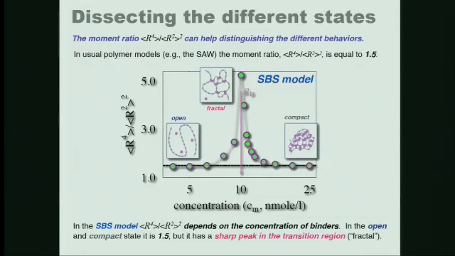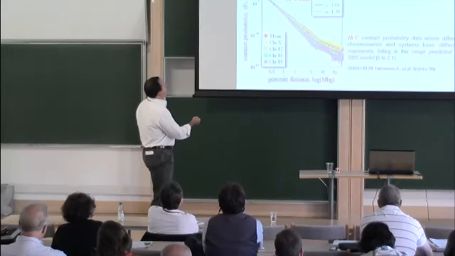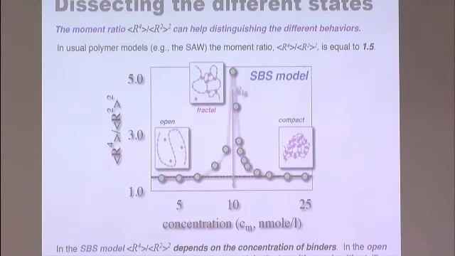If your concentration is small, you are in the open regime, or if it is high, you are in the compact regime, you find roughly 1.5, as you would expect. But you see, around the theta point, the moment ratio is significantly different from 1.5.